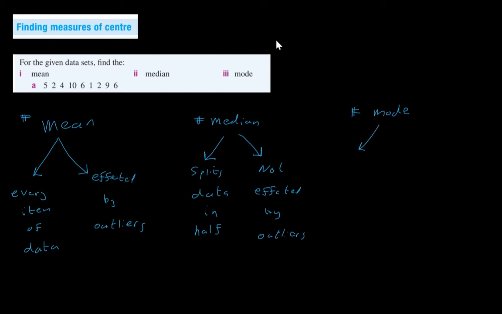The mode is the only measure of location which can be used for categorical data.